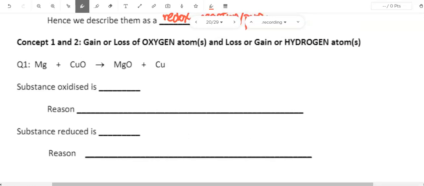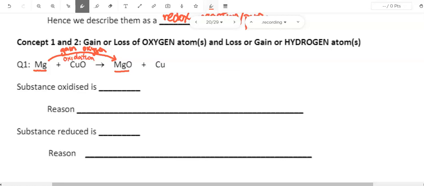For example, initially I have magnesium, and after that it became MgO. Let's draw an arrow over here. In the process of Mg becoming MgO, it gained oxygen. If it is a gain of oxygen process, one thing we know for sure is this will be an oxidation reaction.